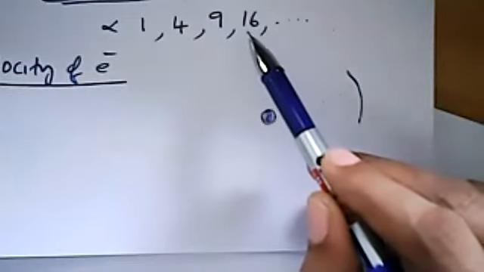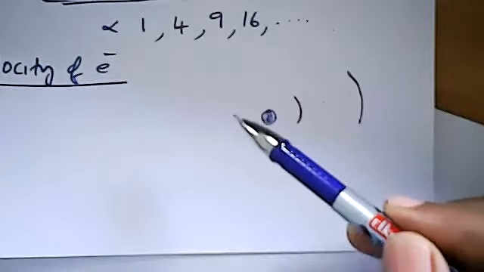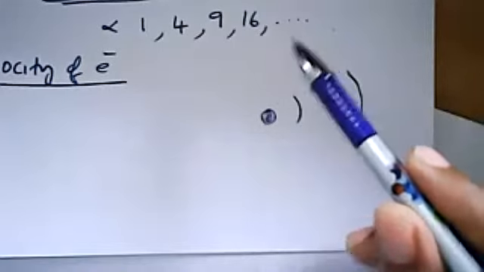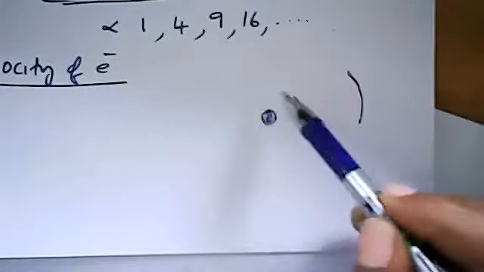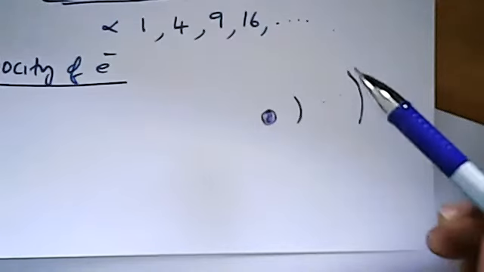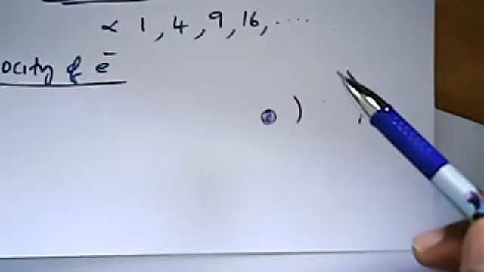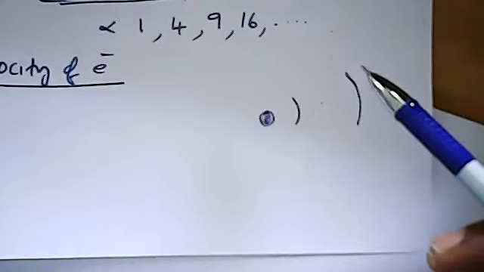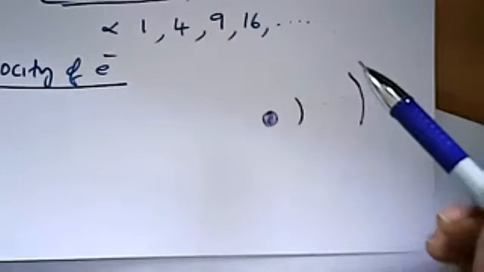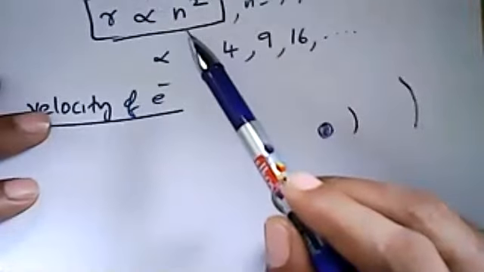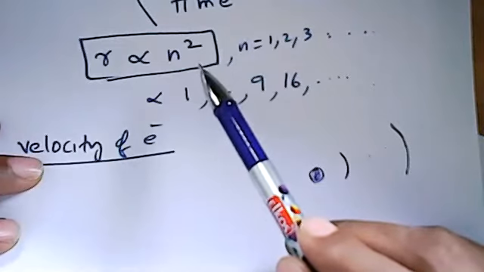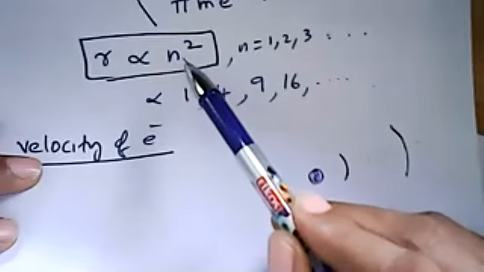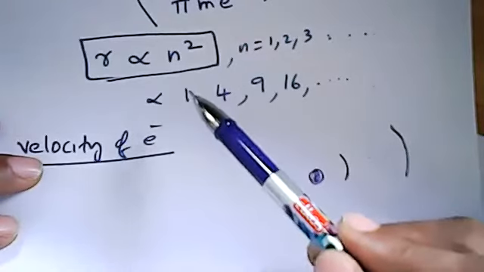As we go up, the spacing between orbits increases, so we say they are unevenly spaced. That is the idea you must always keep in mind: R is proportional not to n, but to n square, the square of the principal quantum number. So 1 square, 2 square, 3 square, like that.